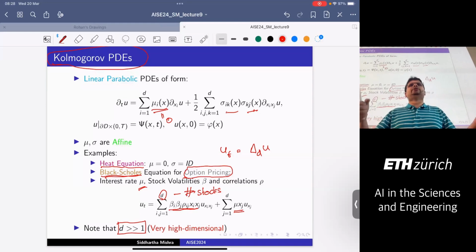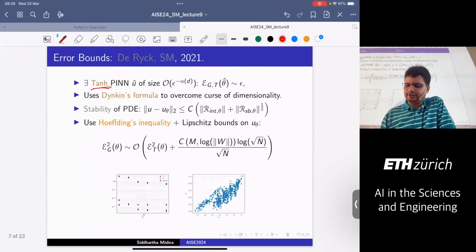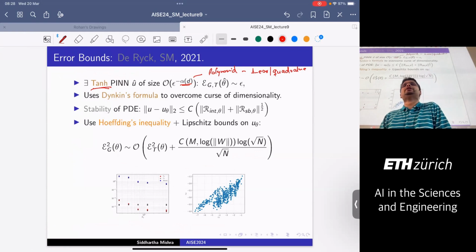But in this particular case, that's the whole point, you don't have an exponential growth. So this alpha here is polynomial. For the heat equation, this is even linear or quadratic.